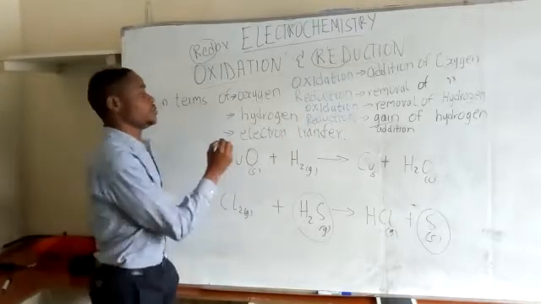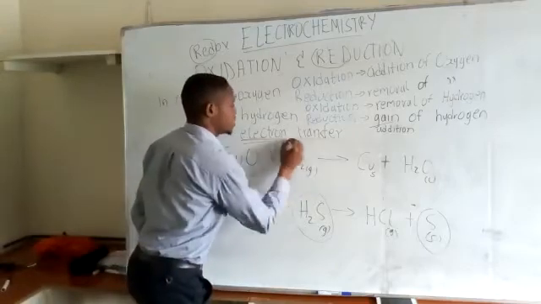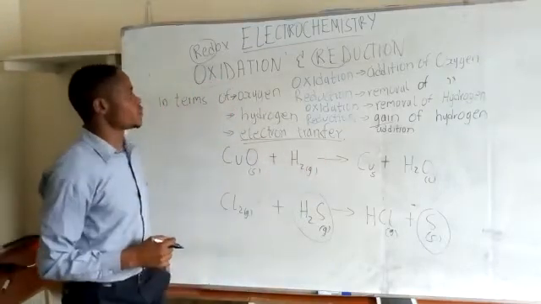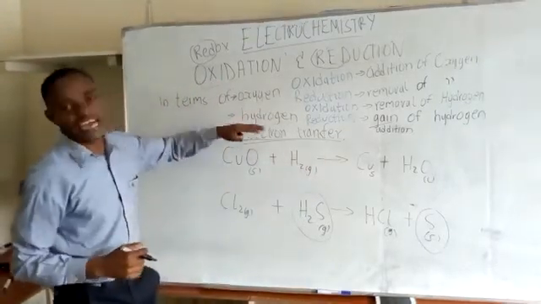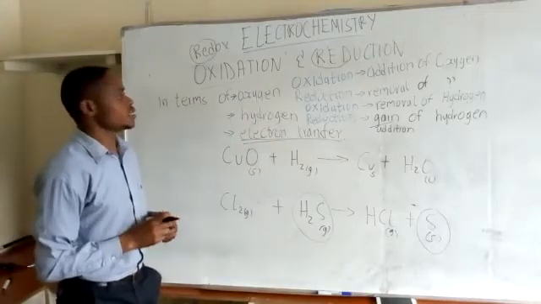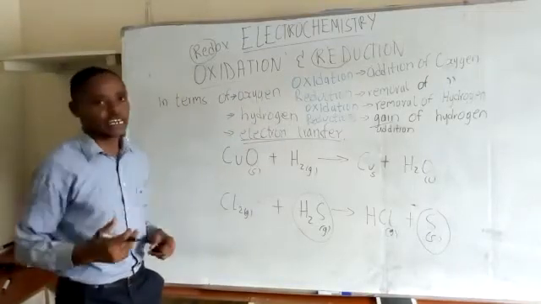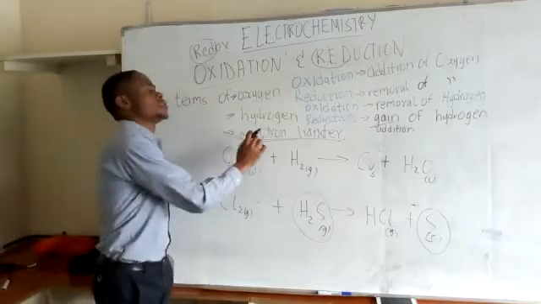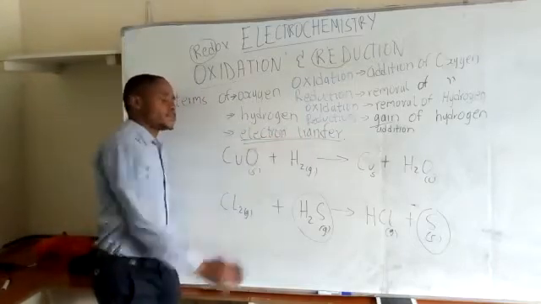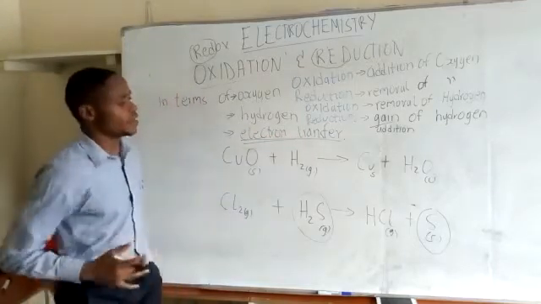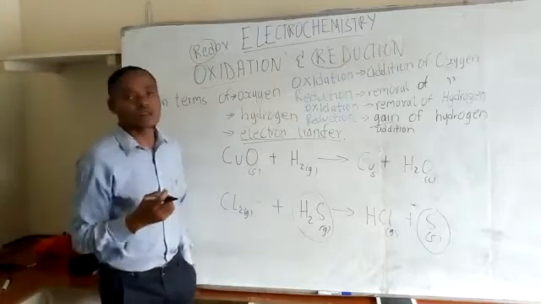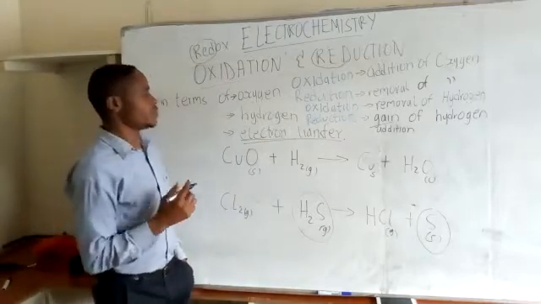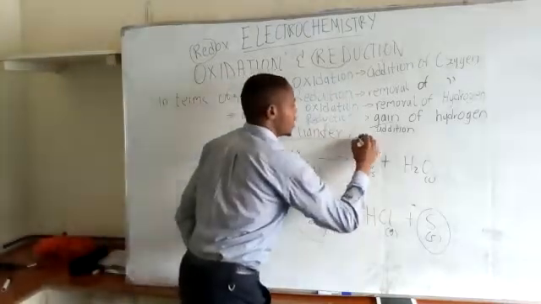It is important because not all reactions will involve oxygen or hydrogen. So it is important for us to get another definition based on electron transfer. The best example is the displacement reaction.